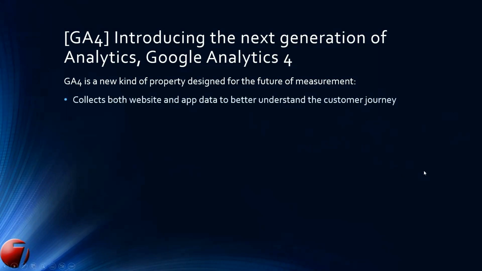But what it does is no longer are we looking at you create an analytics property for the website, and a different one for your application, and a different one for your MailChimp, and a different one. The idea behind GA4 is the entire user flow.